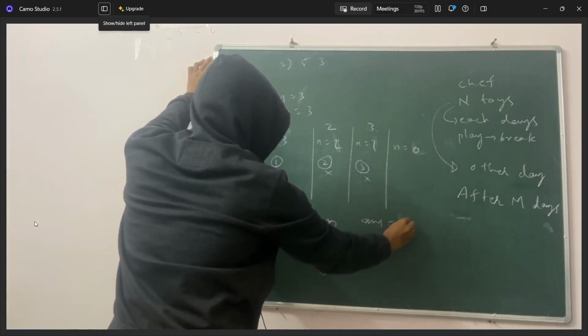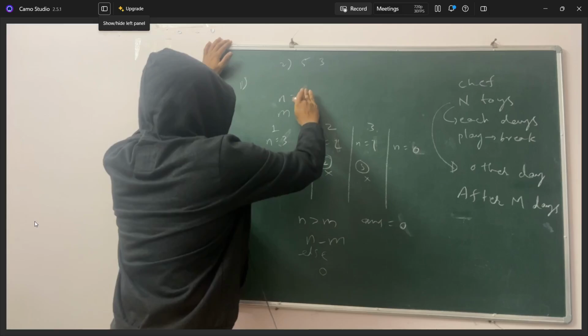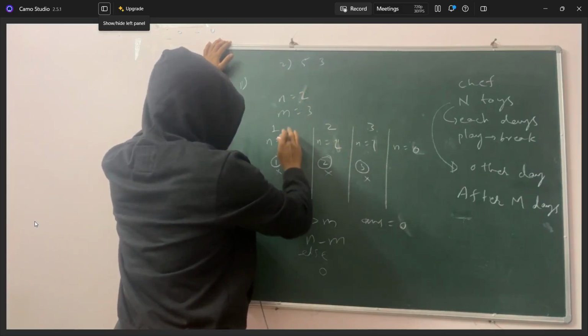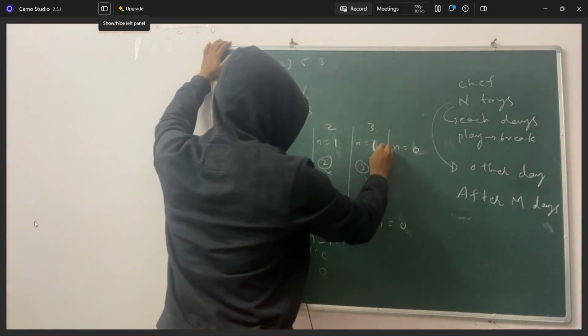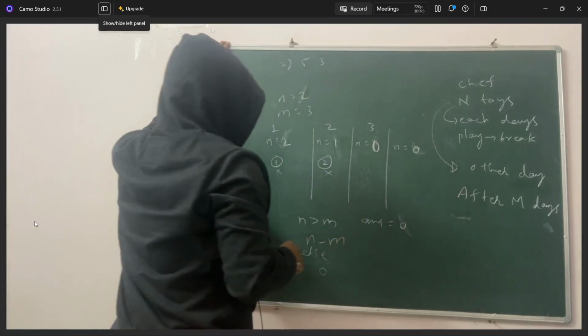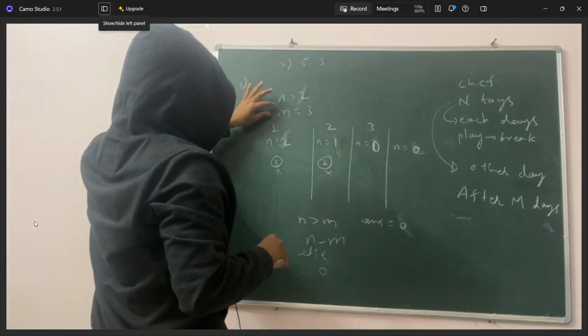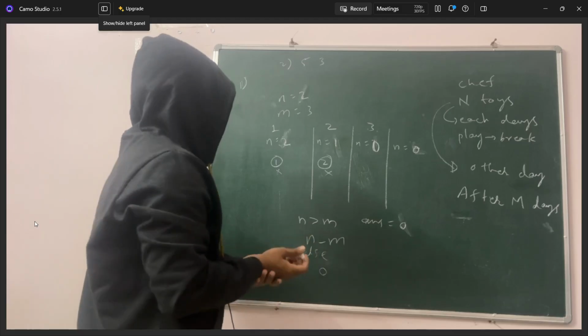So it is 0. Even if n is equal to m, the answer is 0. What if n is less than m? Let's say n is 2. Initially he has only 2, here he will have 1, here he will have 0, so he will not play with a toy. At the end of the third day he will again have 0. So whenever n is less than m, the answer is 0. If n is greater than m, then n minus m is the answer.